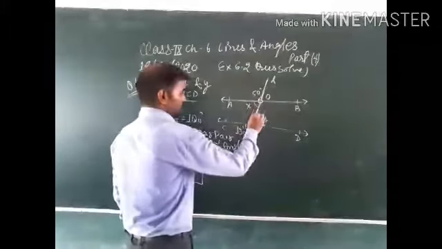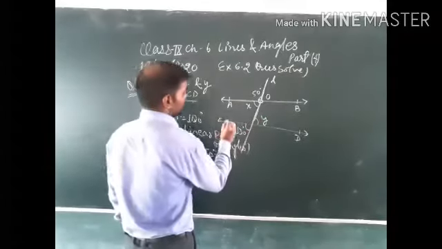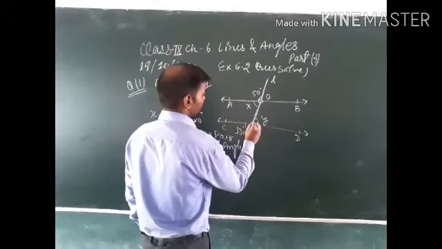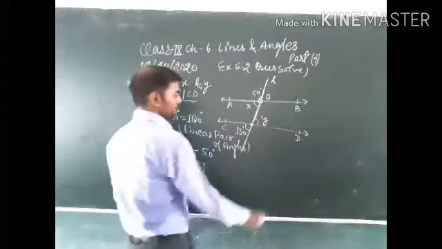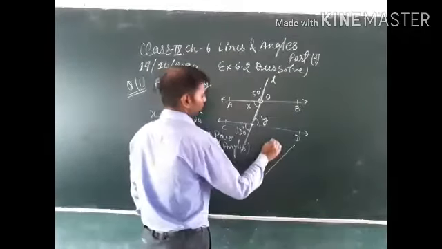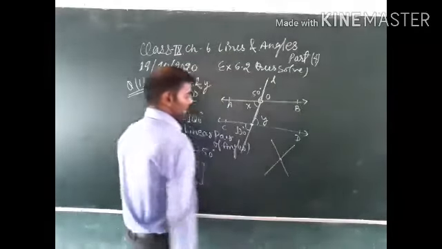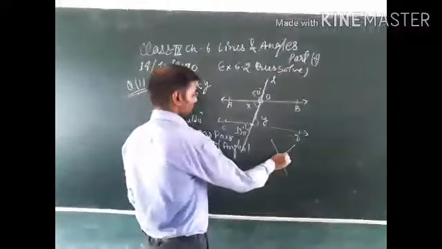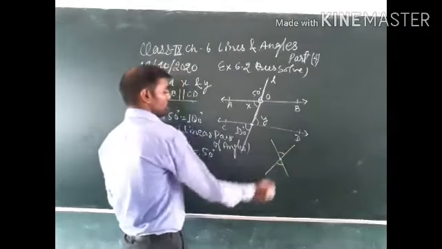This is the line L and this is line CD, and this is the intersecting point M. We already know when two lines intersect, then their vertically opposite angles are equal to each other.